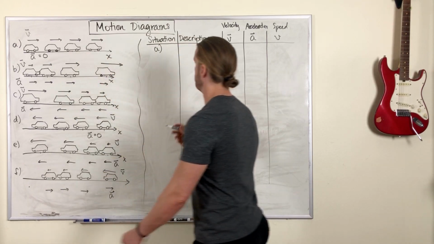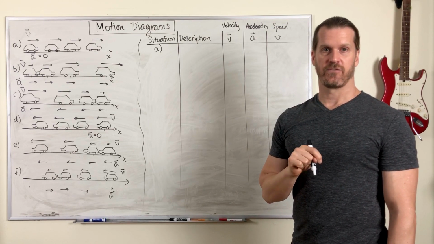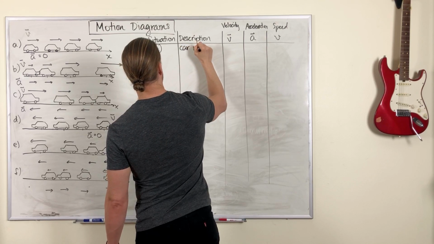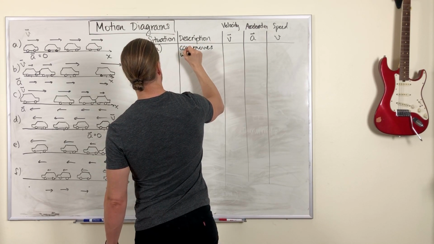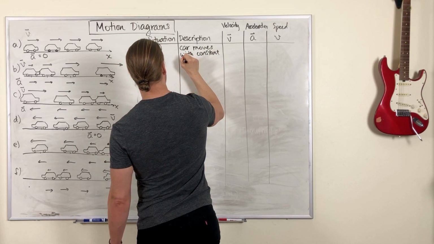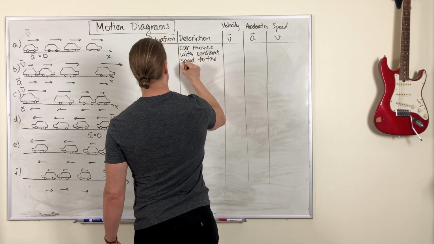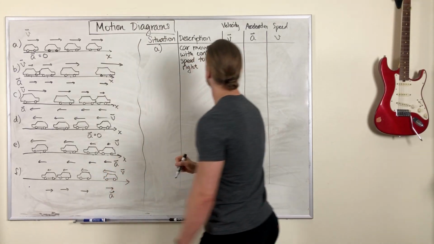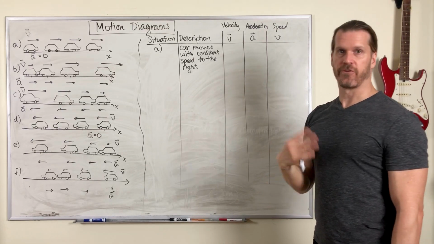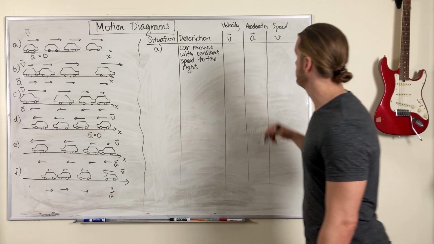Okay, for situation A, we had a car moving at constant velocity to the right. Let's say constant speed to the right. And what I want to do in these columns is just indicate the sign of the velocity vector and the acceleration vector.